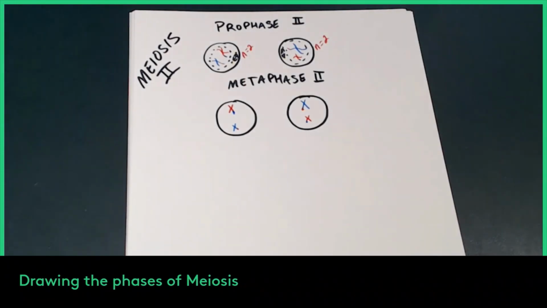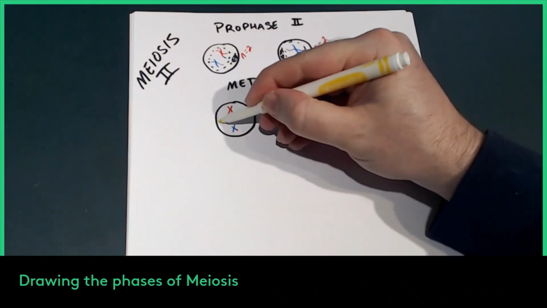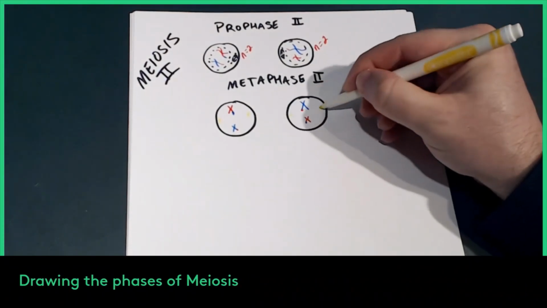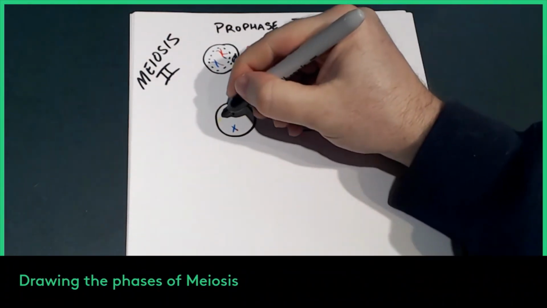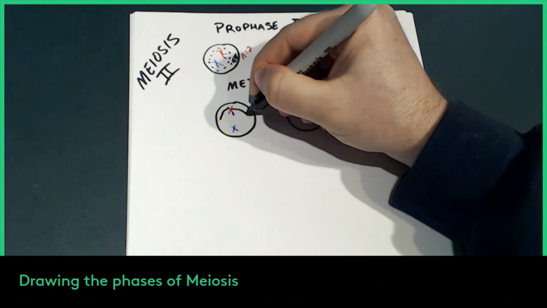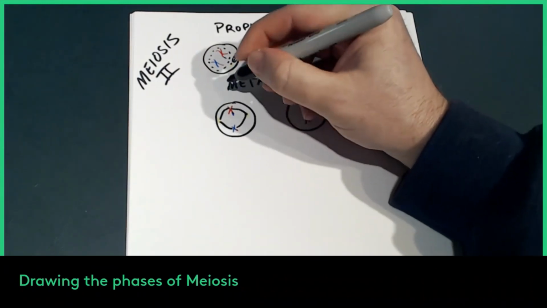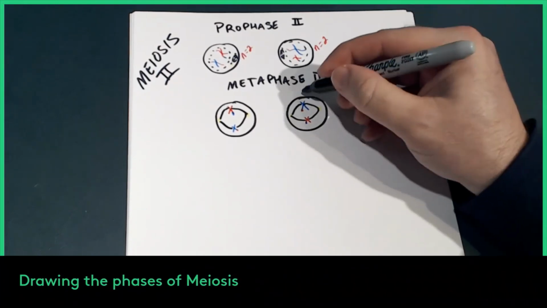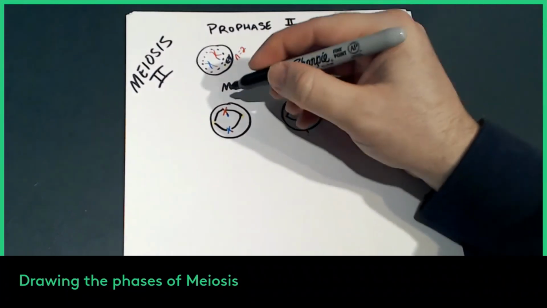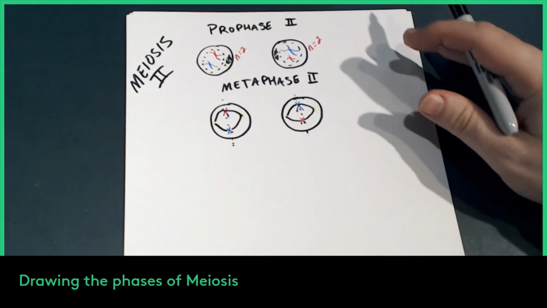Now, how are these lined up this way? Well, of course, our spindle. This is metaphase after all, so you know that they're lined up right down the center of the cell. At the kinetochore, you're going to have the spindle joining, and that lined them right up down these metaphase plates.